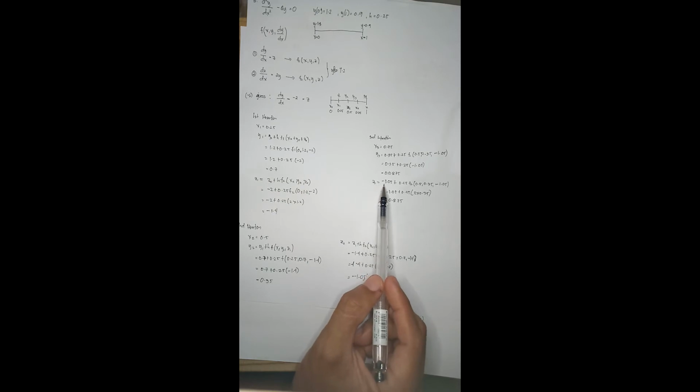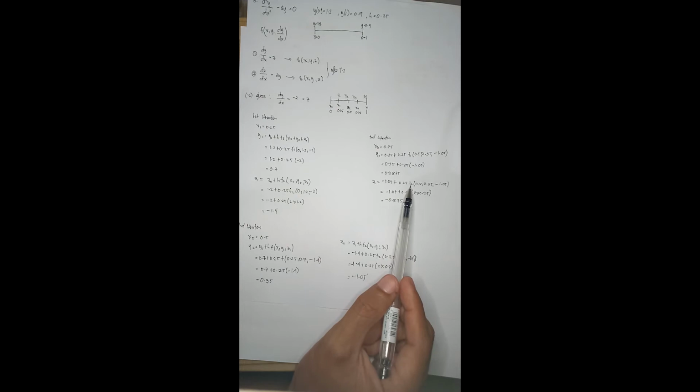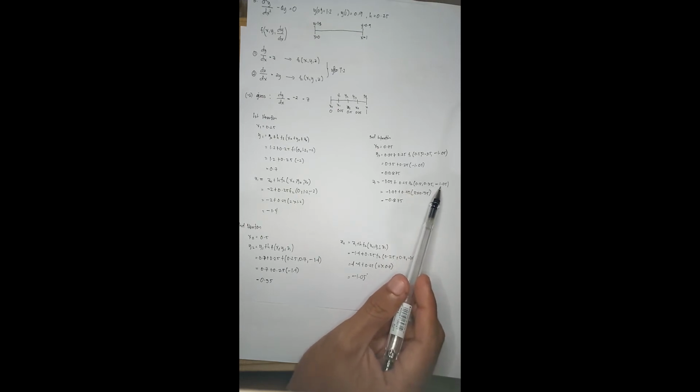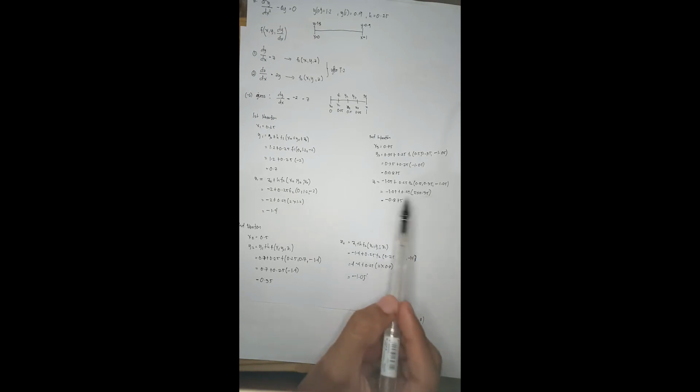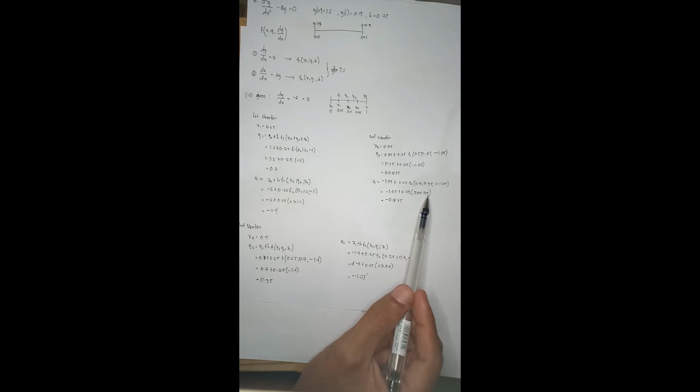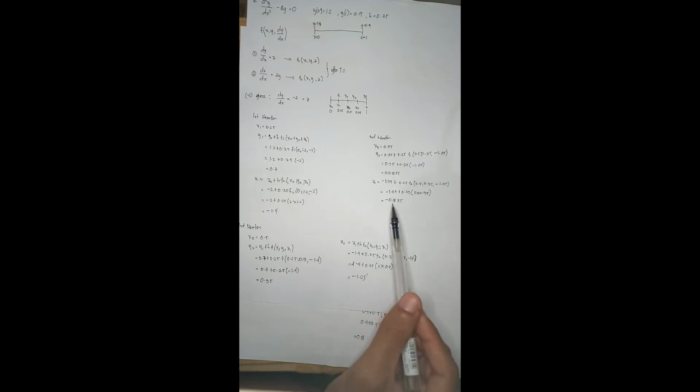Or z3 is equal to negative 1.05 plus 0.25 f2 times 0.5, 0.35, negative 1.05, which is equal to negative 1.05 plus 0.25 times 2 times 0.35, which is equal to negative 8.75.